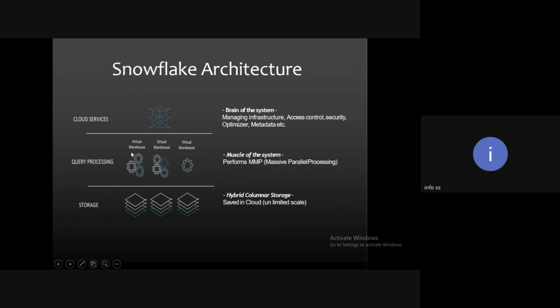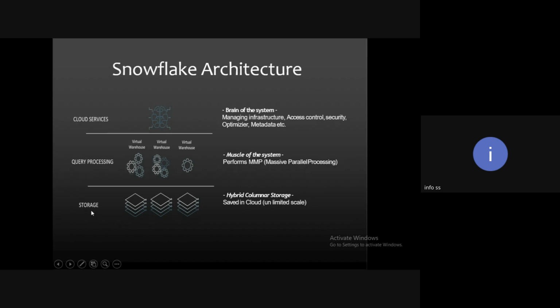In case of relational databases like Oracle or SQL Server, your storage and compute are coupled. It is in the same machine. You can't only use compute or only use storage, since it is a coupled architecture. Here in Snowflake, it is a decoupled architecture. That means storage is separate, compute is separate.